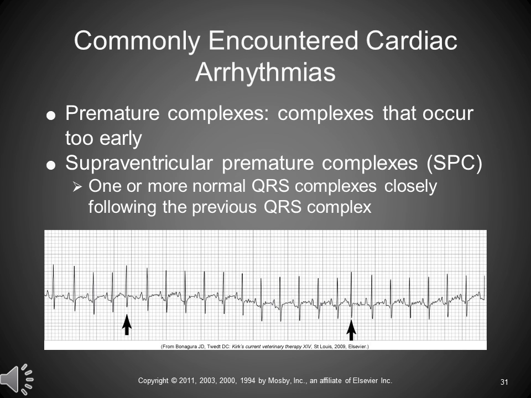We can get premature complexes. Complexes are runs of electrical activity that occur too early in the cardiac cycle. One of the common ones is supraventricular premature complexes, often abbreviated SPC. In this, we get one or more normal QRS complexes closely following the previous QRS complex.